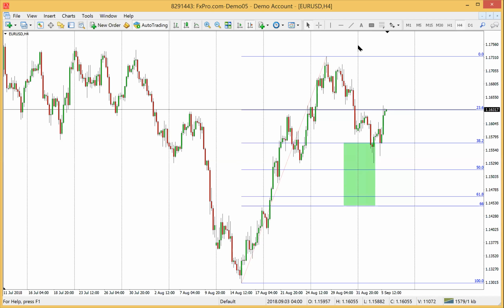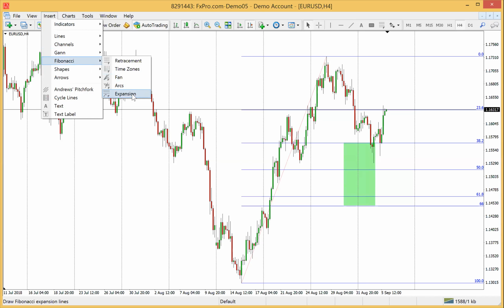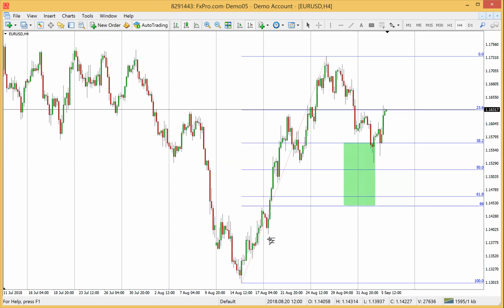And that's when the Fibonacci expansion tool is a great tool for helping you place your take profits. So if it's not up there already, you can go to insert Fibonacci expansion. You draw it exactly the same way, but this time you do 3 clicks. So you click once, drag up. Let me just change the color so you can see it better.